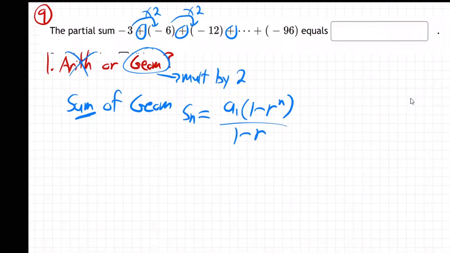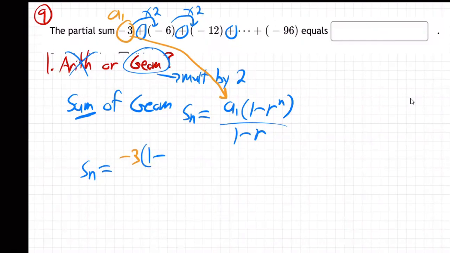So a1, that's the first term. This is a1 right here, first term. So I can put that in first. Minus 3, and then parentheses. Kind of sloppy parentheses. 1 minus, now what's r?